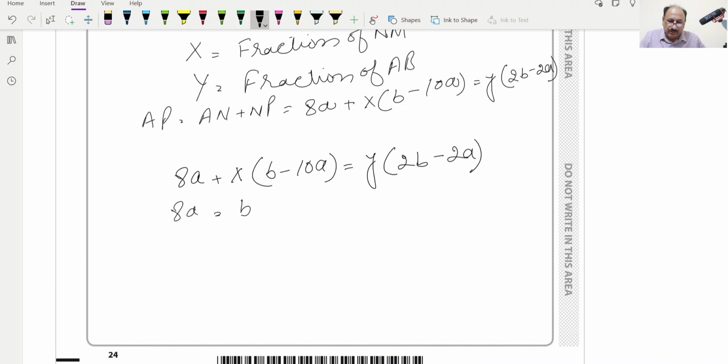So we write b common, and inside will be 2y minus x, and plus a into 10x minus 2y.